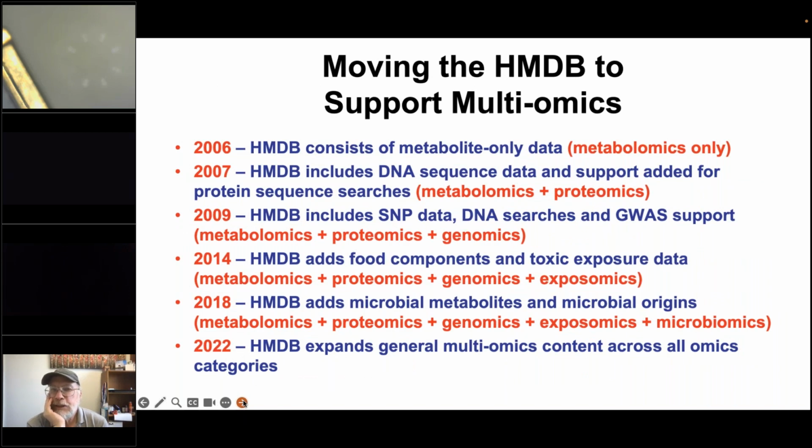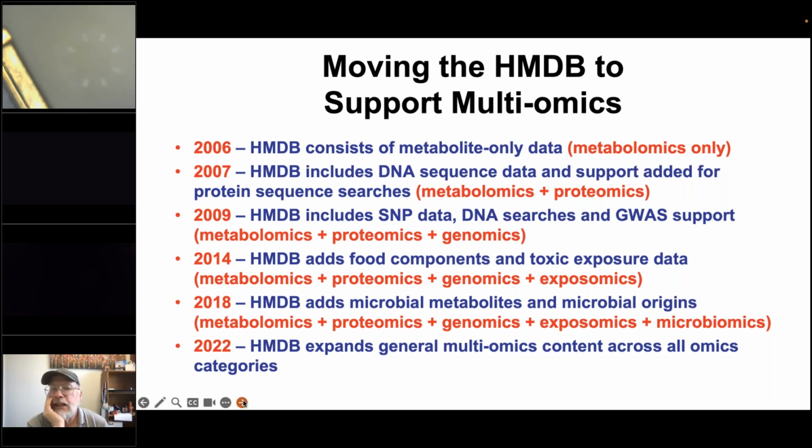So the first release was specifically for metabolomics in 2006. But a year later, we started including DNA sequence data and protein sequence data so that people could search not just for metabolite structures, but also for the genes and proteins that encoded those metabolites. In 2009, we started including SNP data, polymorphism data for GWAS work, and we had DNA search tools. So by 2009, the HMDB was already including metabolomics, proteomics, and genomics data in the GWAS sense.